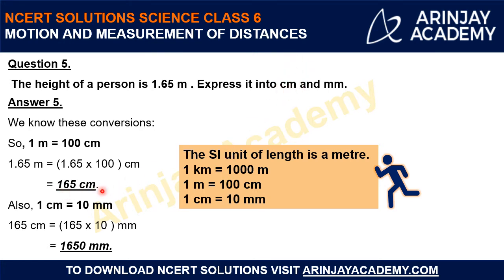So we have done the first part of the question, that is to express it in centimeter. Now the second thing is to convert it into millimeter. To convert something into millimeter, we will take the help from centimeter. So here we express that 1 centimeter is equal to 10 millimeter. Alright, so अगर 1 सेंटीमीटर में 10 millimeter है, so in 165 centimeter, that is the height of the person, how many millimeter will you have?